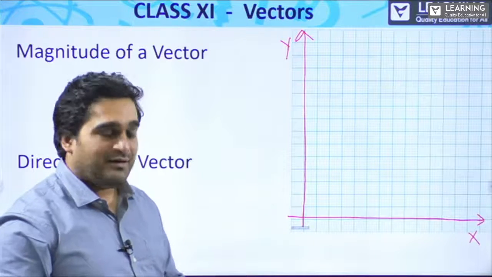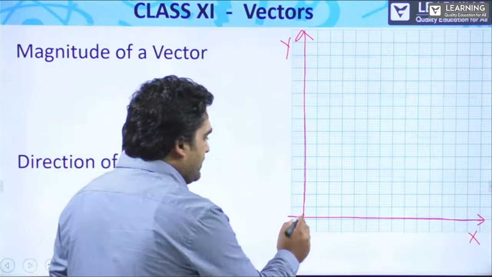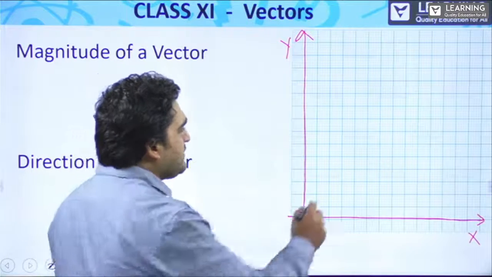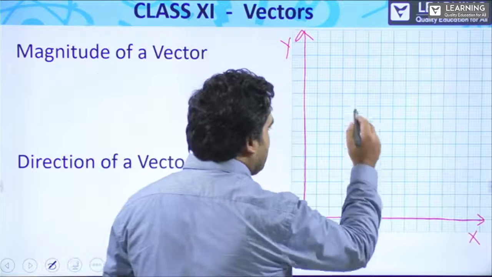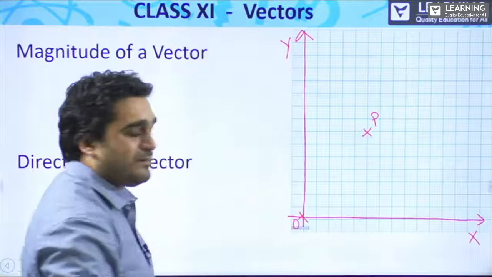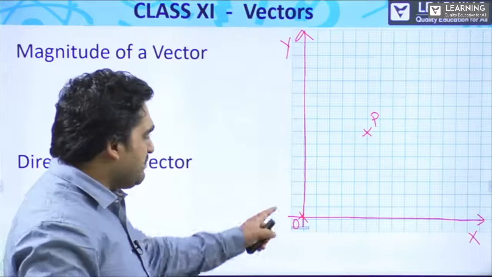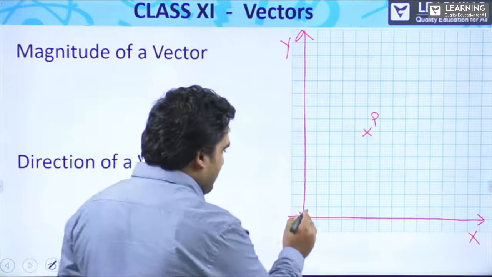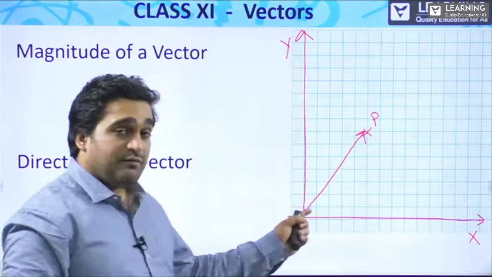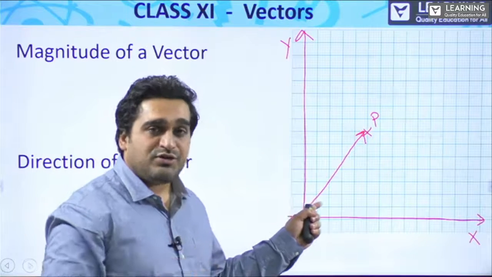Good enough? Yes. Suppose an object which starts from point O displaces to some point, let's say here, call it P. A vector which defines the position, that is from O to P. We will look into this, a vector which shows the position of an object.